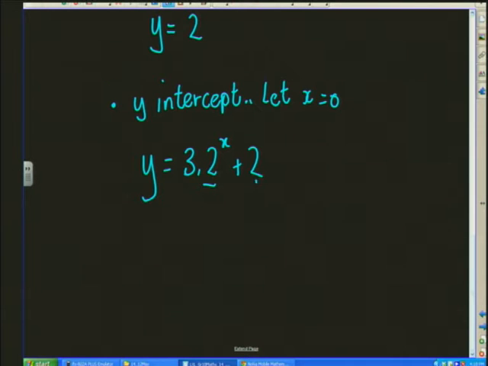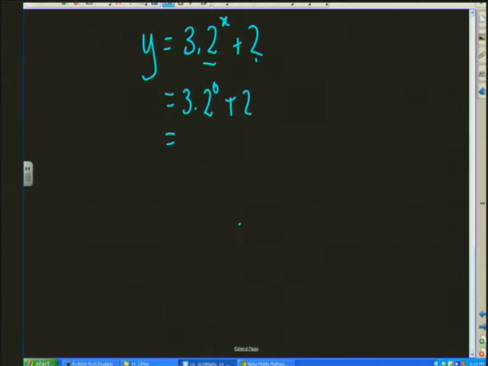But just to go through the motions, if you let x equal naught, you get 3 times 2 to the power of naught plus 2. The exponent 2 to the naught is 1. 1 times 3 is just 3, and then 3 plus 2 is 5. So therefore my y-intercept is (0; 5).